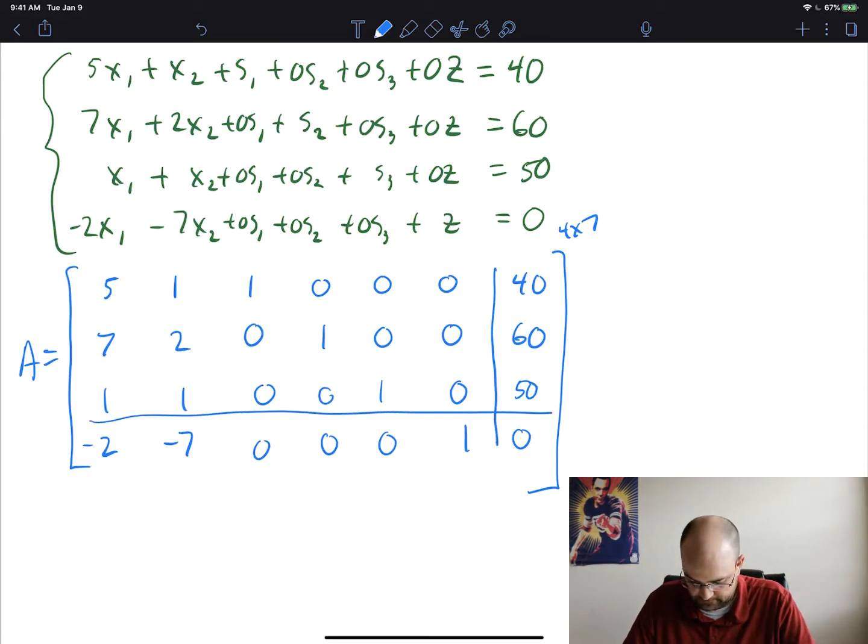Okay, good deal. That is our initial simplex tableau.